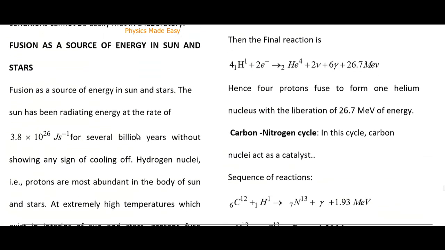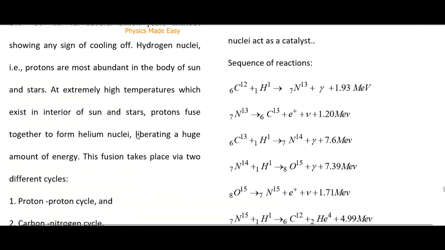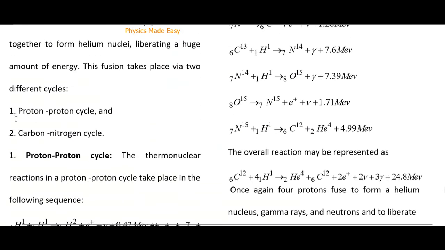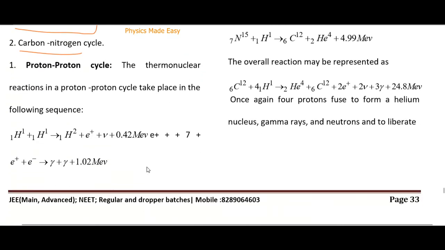Fusion as a source of energy of the sun and stars: there are two cycles. One is the proton-proton cycle, the other is the carbon-nitrogen cycle. In the proton-proton cycle, this nuclear reaction takes place: 1H1 and 1H1 combine to form 1H2, and a positron and a neutrino are emitted. The electron and positron fuse to form gamma rays.